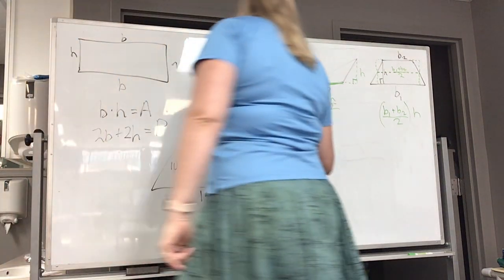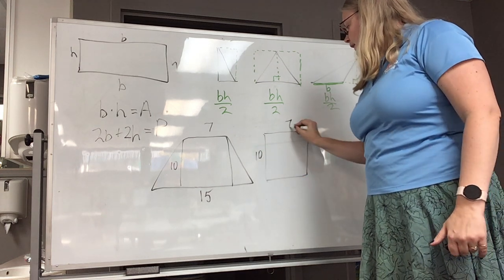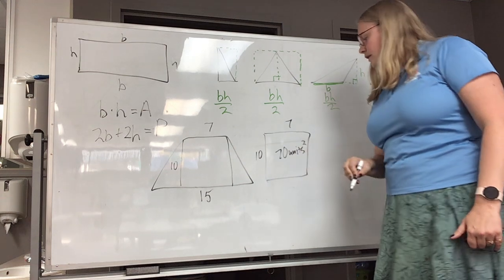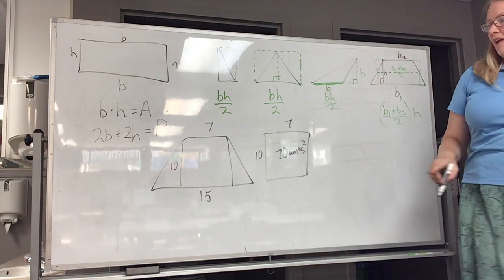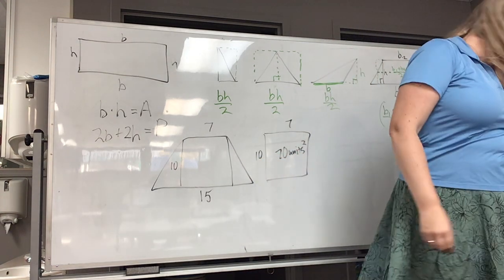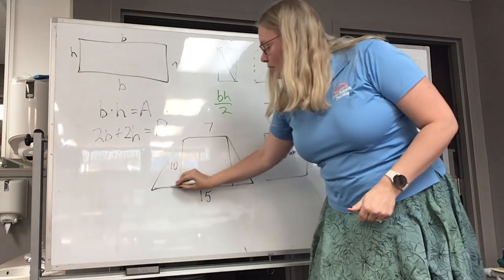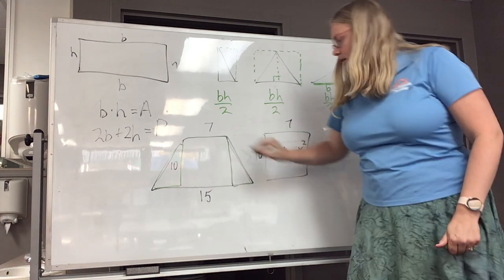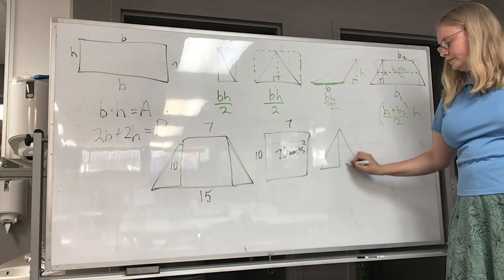We have 70 units squared. And then we can take this piece and this piece and shove them together.